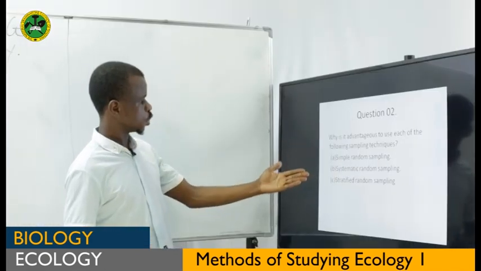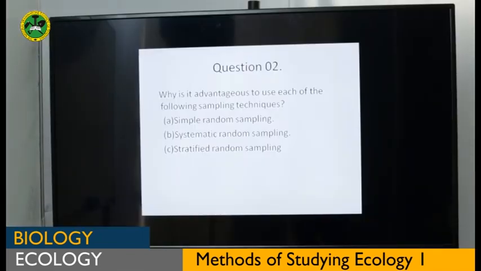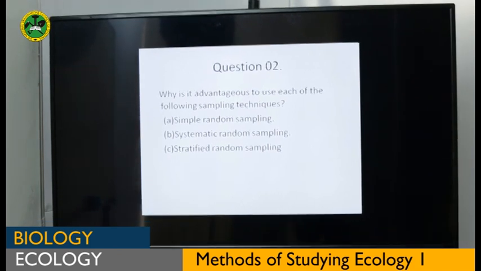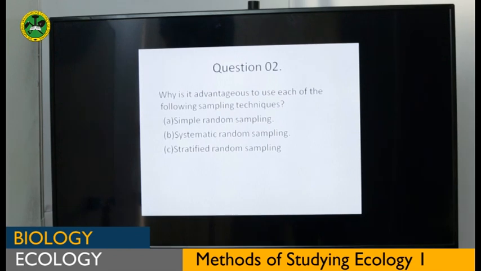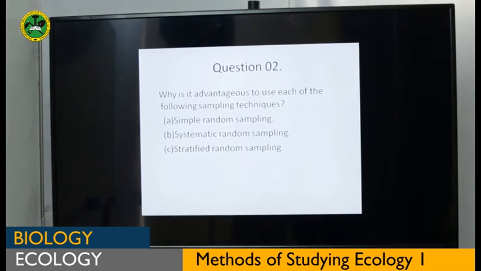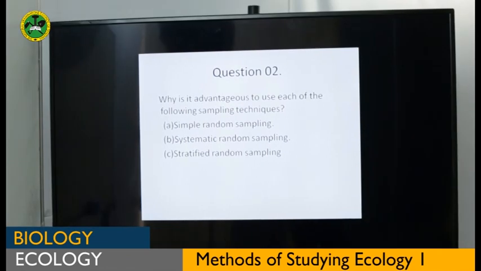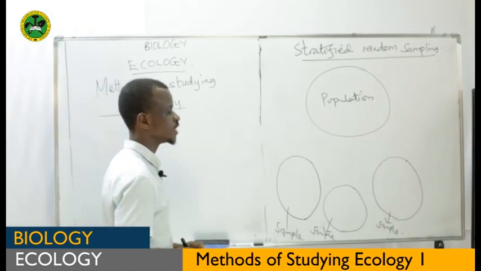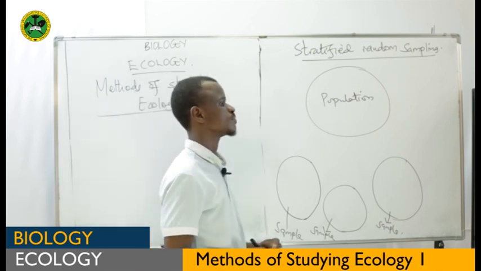Now, question number 2. Why is it advantageous to use each of the following sampling techniques? A. Simple random sampling. B. Systematic random sampling. And C. Stratified random sampling. If we want to respond properly to this question, also start by defining the term sampling.